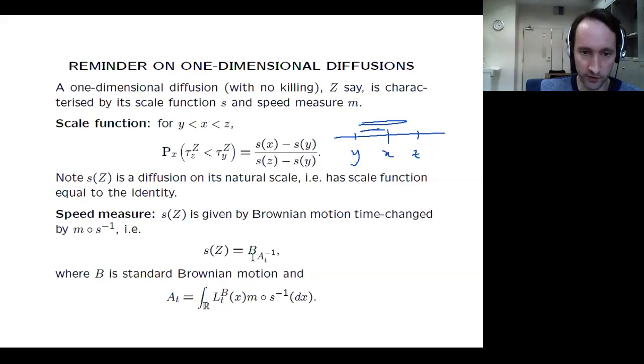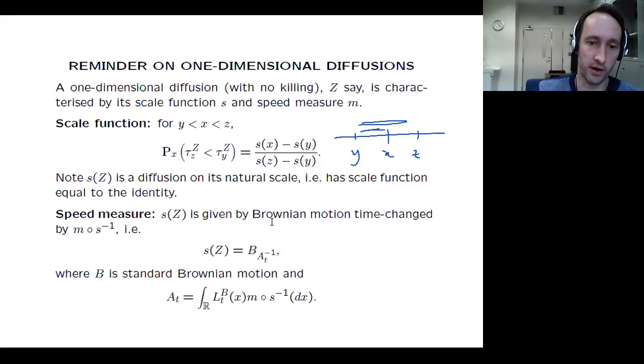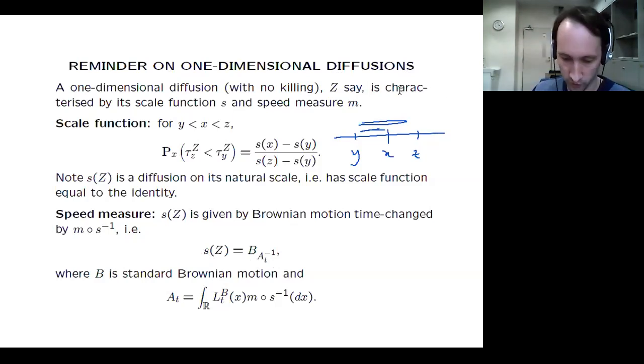We take the inverse of this and apply it to the Brownian motion, and this will be a process with the same kind of sample path as Brownian motion, but speeded up and slowed down, so that the invariant measure is given by M composed with S inverse, sorry. And of course, this also gives a construction of the Z process, because we can just move the S over here, and S inverse composed with this Brownian motion gives us a construction of the one-dimensional diffusion with these characteristics. Okay, so this was the picture of one-dimensional diffusions.